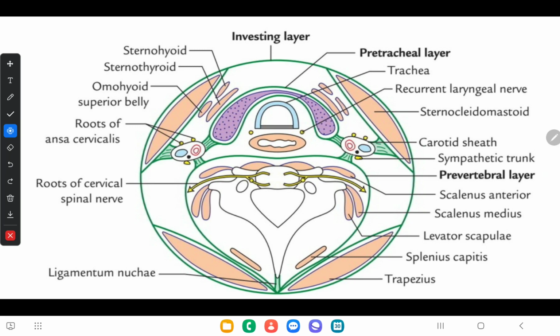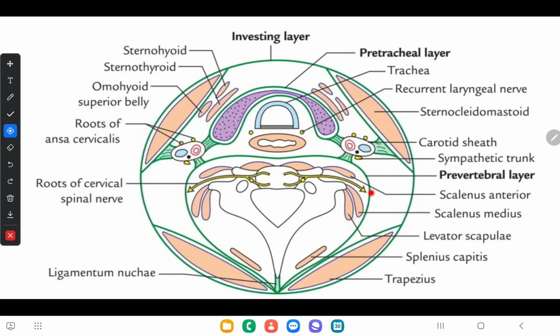As you can see in this picture, laterally the prevertebral fascia forms the posterior wall of the carotid sheath and passes in front of the scalenus anterior muscle. This is the scalenus anterior muscle, so it goes in front of it.